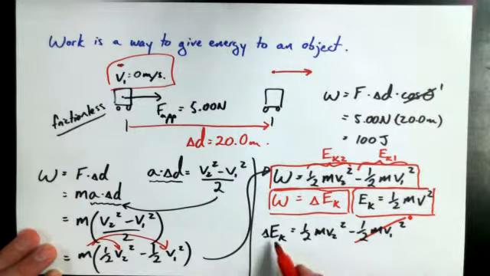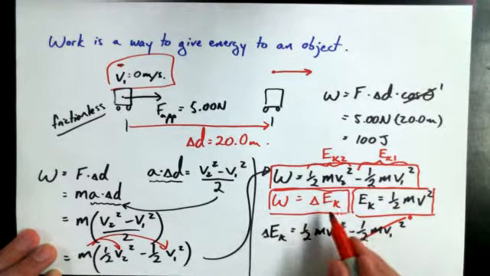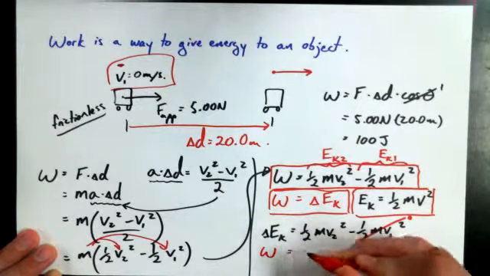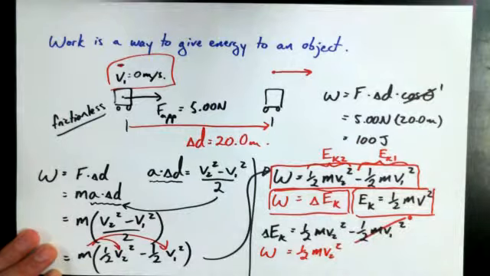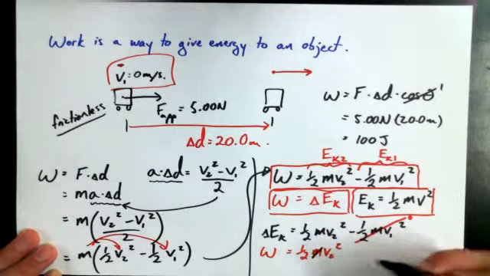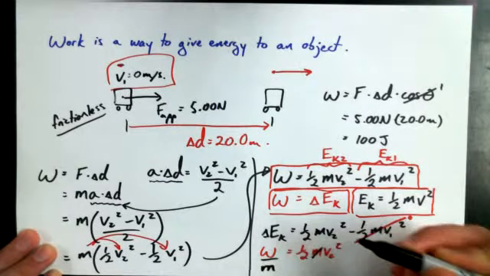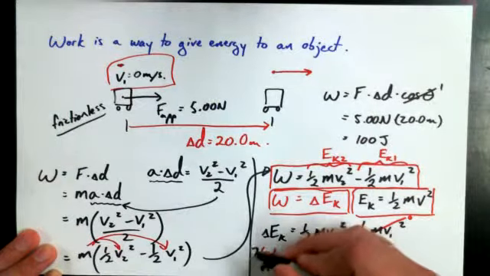And so now we're left with change in kinetic energy is just going to be equal to 1/2 mv2 squared. Or we could say, well, the change in kinetic energy is really just work, right? So I can say work is equal to 1/2 mv2 squared. And I want to divide both sides by m. Take the m down to the bottom. Multiply both sides by 2 to get rid of that 1/2.